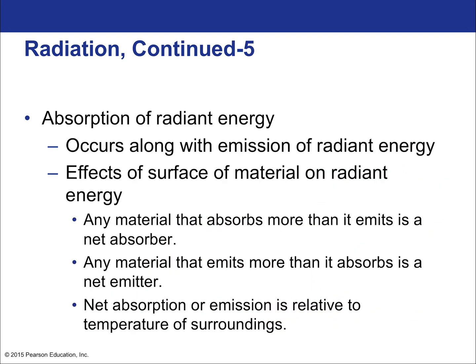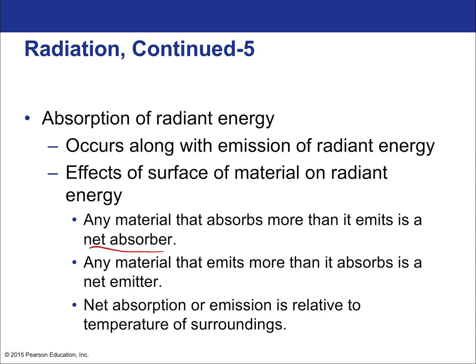Okay? So, absorption of radiant energy occurs with emission of radiant energy. So, in other words, things that are good emitters are also good absorbers. So, the effects of surface of material on the radiant energy. Any material that absorbs more than it emits is a net absorber. Any material that emits more than it absorbs is a net emitter.